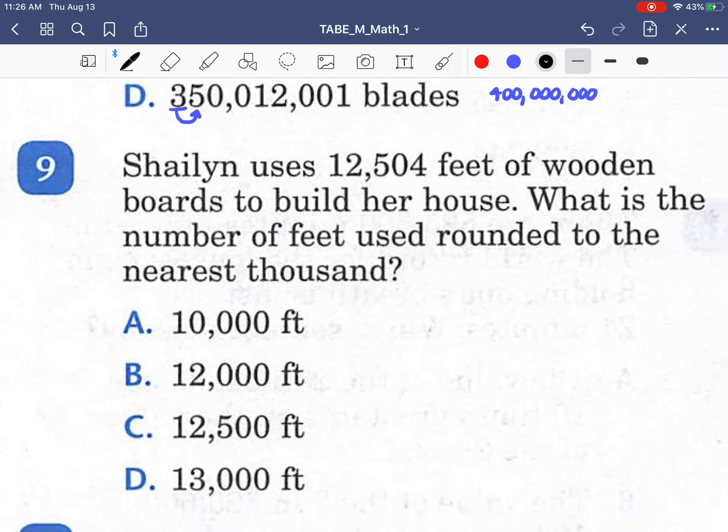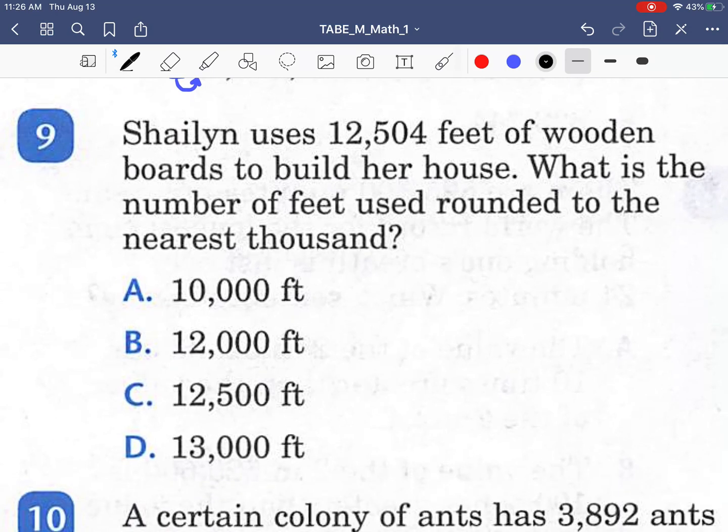Number 9. Shaylin uses 12,504 feet of wooden boards to build her house. What is the number of feet used rounded to the nearest thousand? So we're going to take the 12,504 point of reference. Always make sure of that because that's going to change everything if you get the wrong point of reference. It is 1,000.